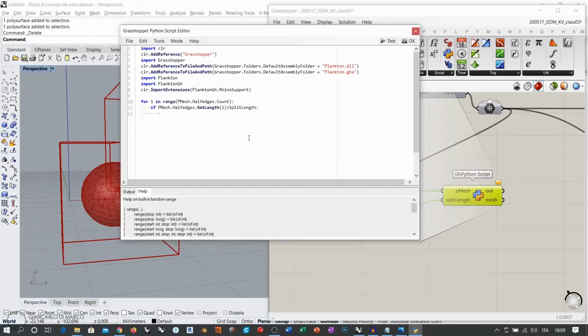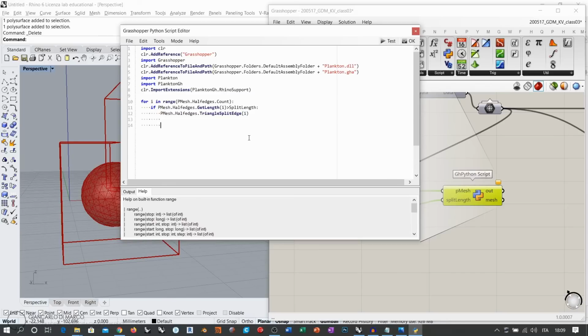and if this is larger than split length, this is the condition. So what you are going to do is pmesh.HalfEdges. You see that this pmesh.HalfEdges is basically the library that you are using, and the function this time is going to be TriangleSplitEdge, split edge i. So this is the operation. So run through the edges. If you find that the edge number i has a length which is larger than split length, then you triangle split that edge.